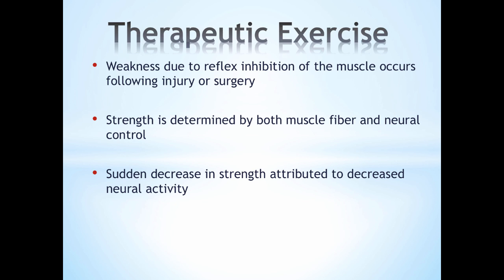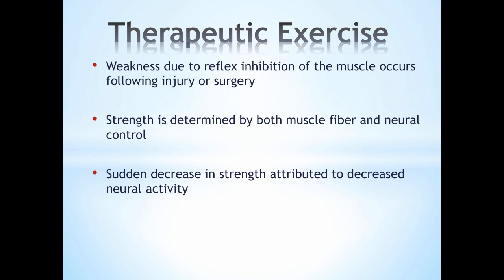So if you have somebody with great big thighs, and you saw them in the weight room the previous day, and let's say they maxed out at 500 pounds on their deadlift, but then they injured their knee the next day in practice, and now they can't even lift their leg up.